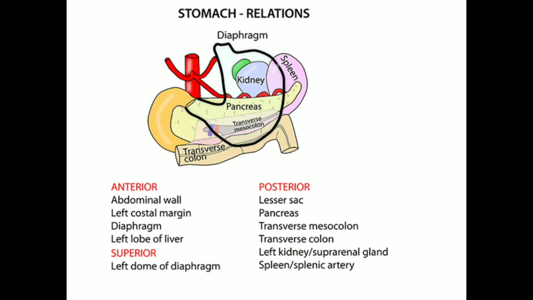Next, we are moving on to the relations. If you look at any organ, you have to know the relations of that organ. We divide it into anterior relation and posterior relation.